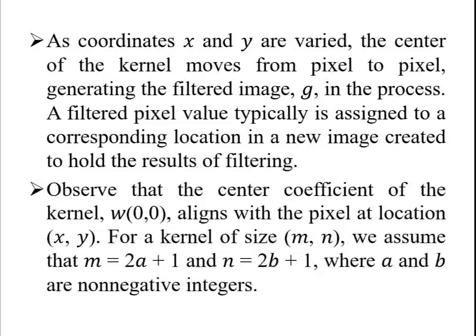As coordinates x and y vary, the center of the kernel moves from pixel to pixel, generating the filtered image. A filtered pixel value typically is assigned to a corresponding location in a new image created to hold the result of filtering.